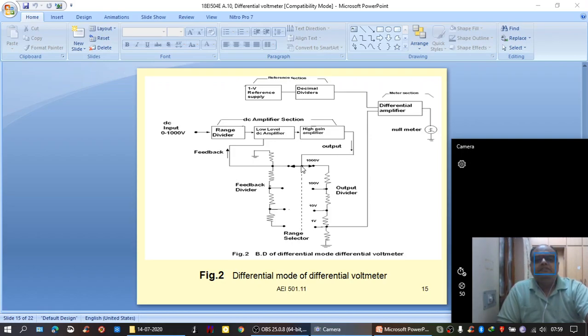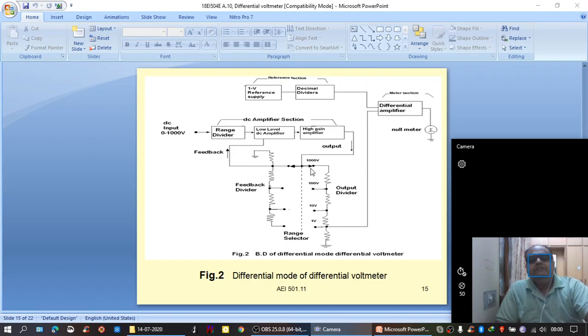That voltage can be connected to this position or this position. Here, these two switches either will be connected here and here, or to 1000 and the corresponding other side, 100 and corresponding other side, 10 volts and the corresponding other side, and 1 volt and the corresponding other side. If you change the position, these two switches as a combination will move either up or down, connecting both sides.